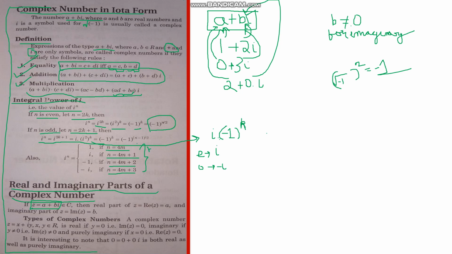If I divide n by 4 and the remainder comes 0, then this statement applies, and if the remainder equals 1, then we arrive at this statement, and so on for remainder equal to 2 and remainder equal to 3. This makes the statement simpler by our own mathematical logic. For this, r is equal to 3.